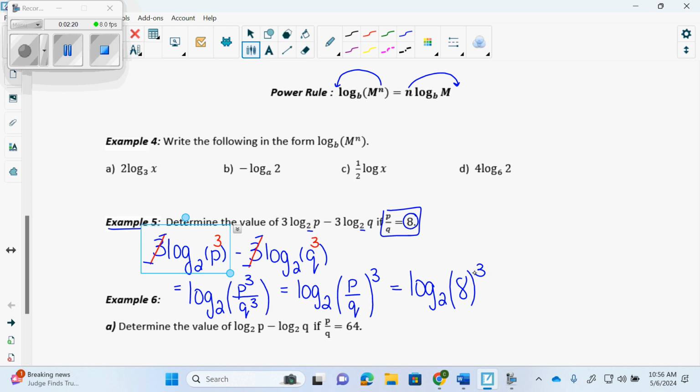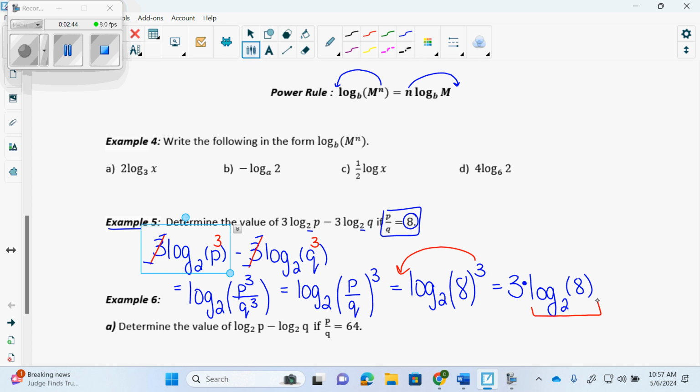If that's confusing, remember you can take the 3 and drop it in front. So I can go 3 times, technically, that's what that does, log base 2 of 8. Guys, what is log base 2 of 8? To type it in, they'll tell you it's 3.